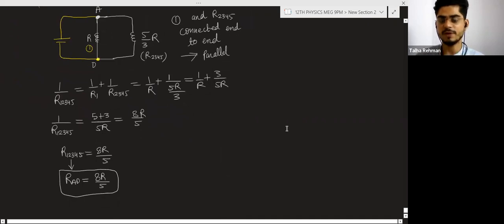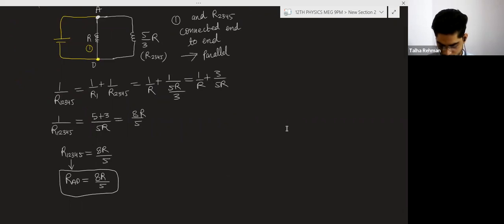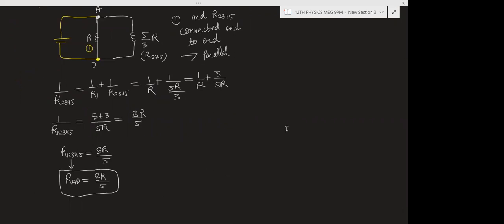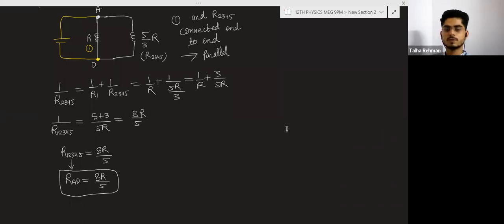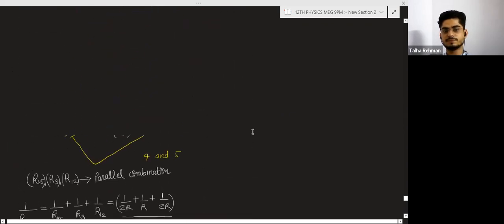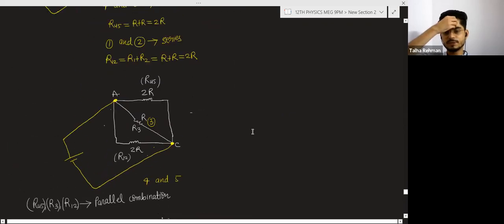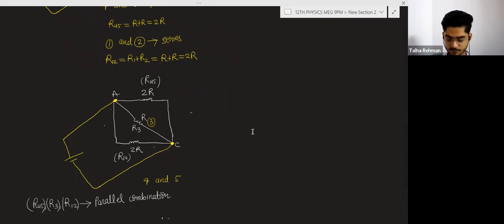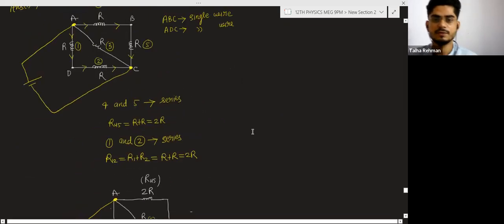Okay, this is the final part. Done. Very good. Okay, so this is one of the kind of question you will get in your CBSE board exam. You have to solve this question in this way, step by step.